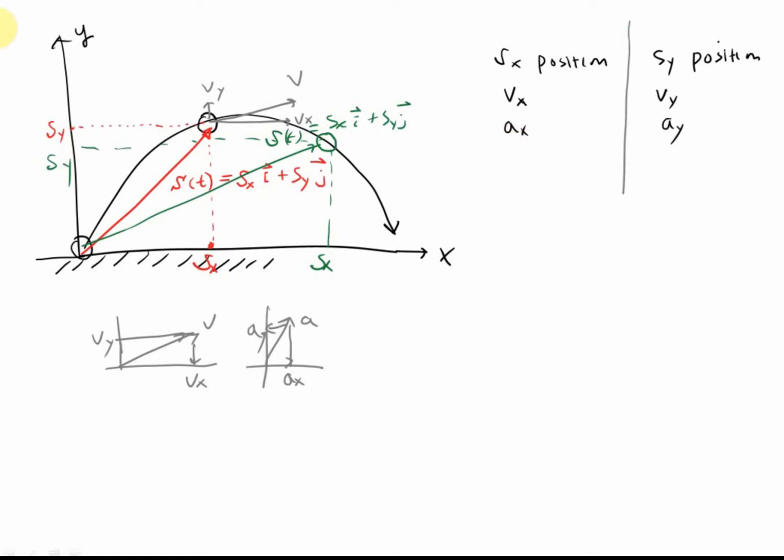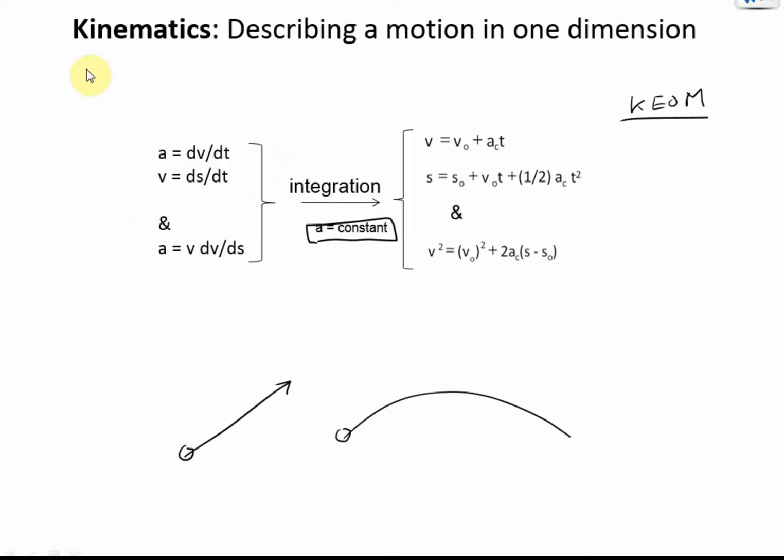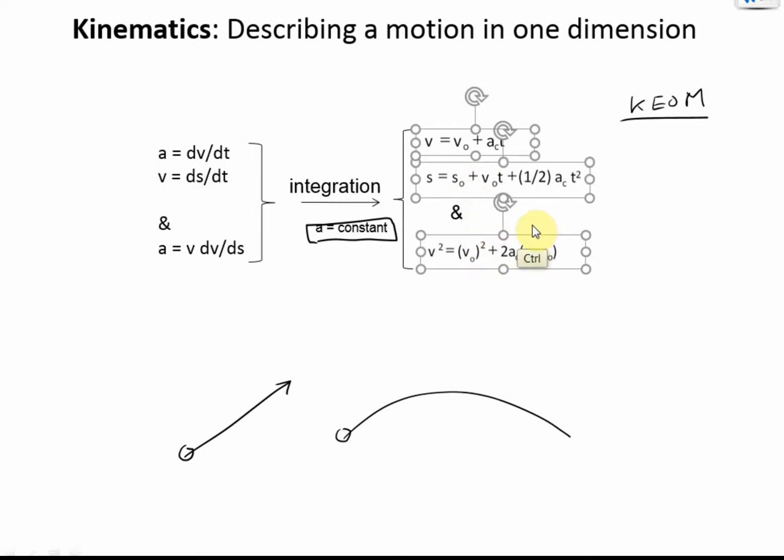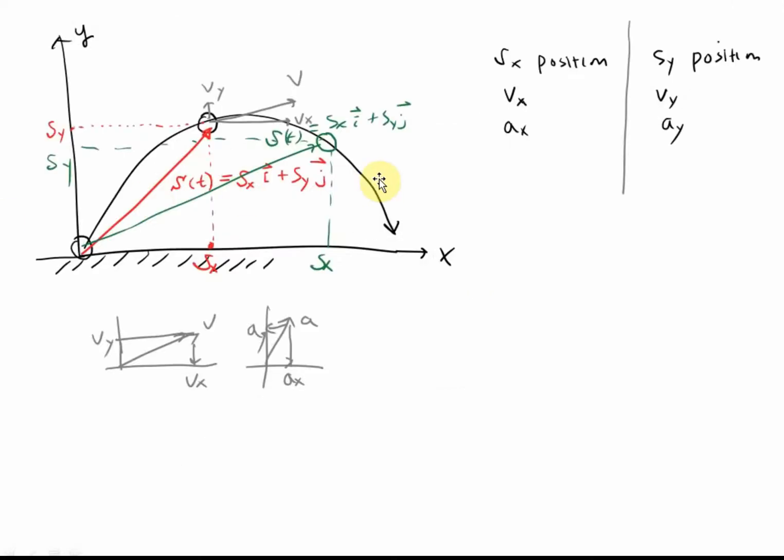Okay, if I show you the equations again, we are going to use this equation, right? So let me just bring this one here. Then I apply this to the x component and y component separately.